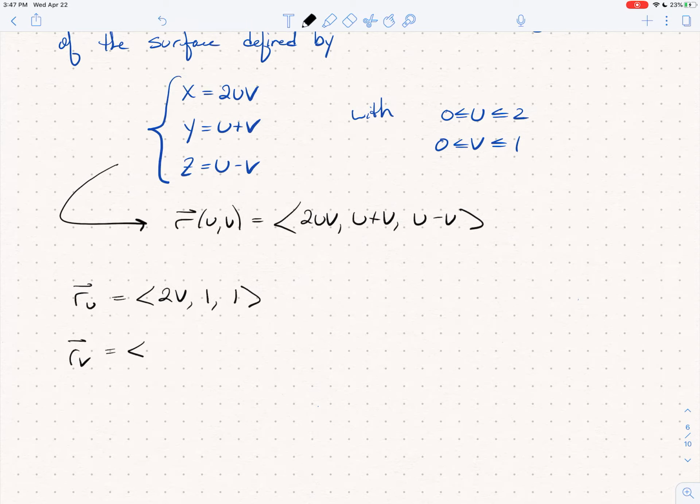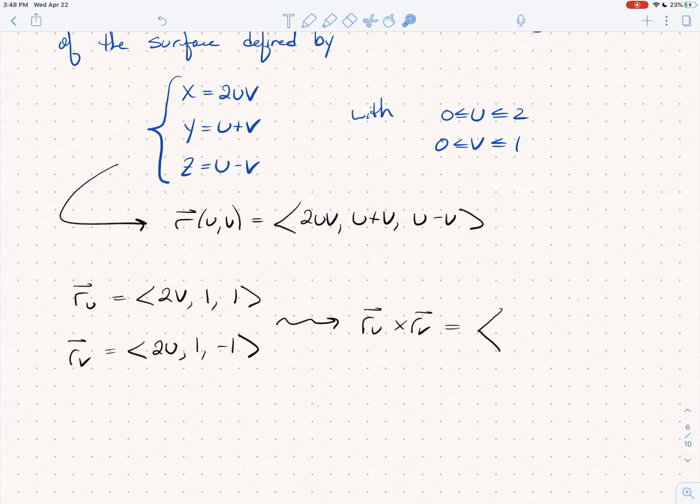And we want to compute R partial V, and we're going to get 2U, 1, and minus 1. I write them stacked like this on purpose. That way when I go to take their cross product, it's easier for me. I've got everything written in a nice way that allows me to take their cross product.